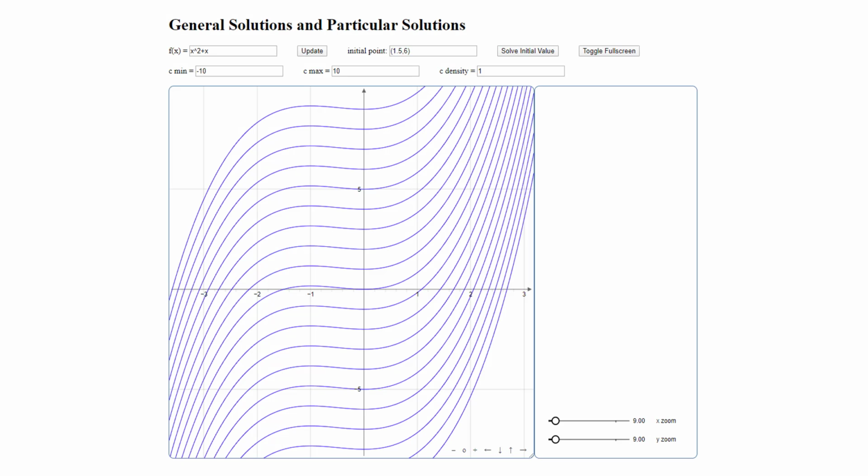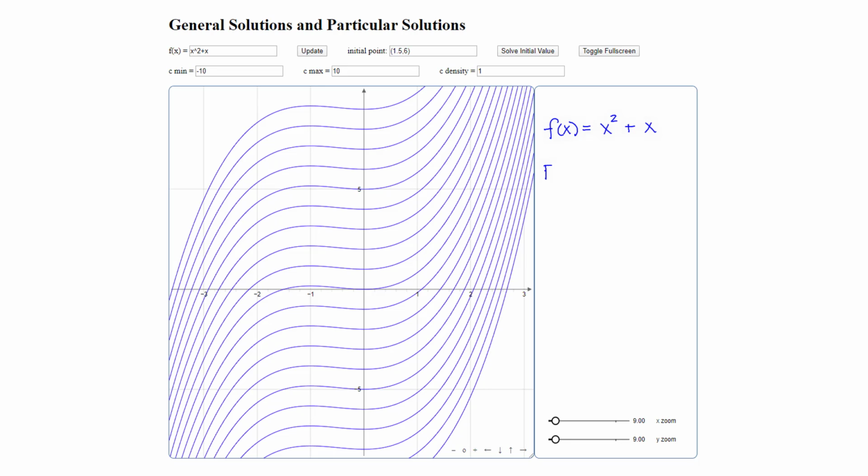So I have a function f of x is x squared plus x. Now, if you look at the curves over here that are plotted, this is not the plot of x squared plus x. In fact, it's the antiderivatives.